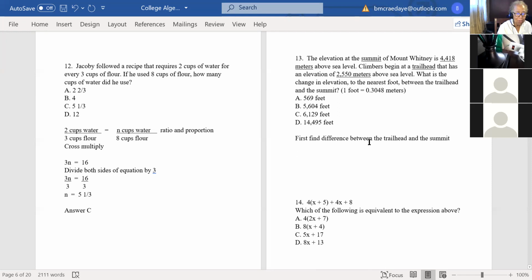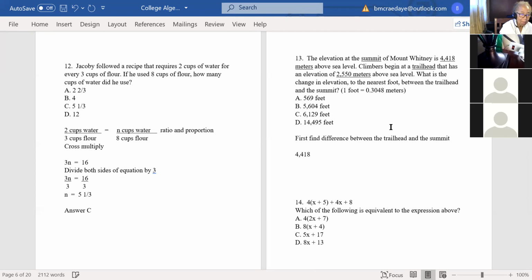So what do I do first? You subtract the trailhead. Wait a minute. We want to find the difference between the trailhead and the summit. We know what the summit is. 2,550 from the 4,418. That's right.